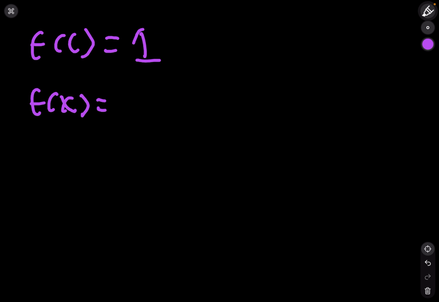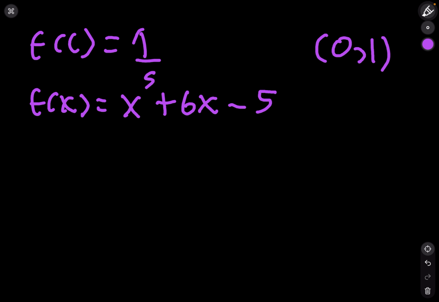Now let's take a look at another example. Let's say you had to prove that there's a value c where f of c is equal to 1. Let's say you have the function f of x is equal to x to the 5th plus 6x minus 5 between the domain of 0 and 1. Again, you would just plug the numbers in. f of 0 is negative 5.